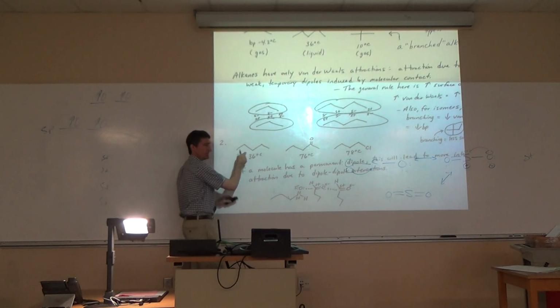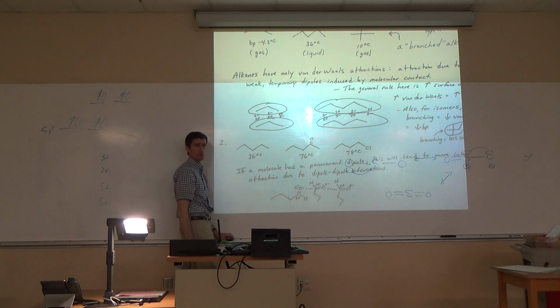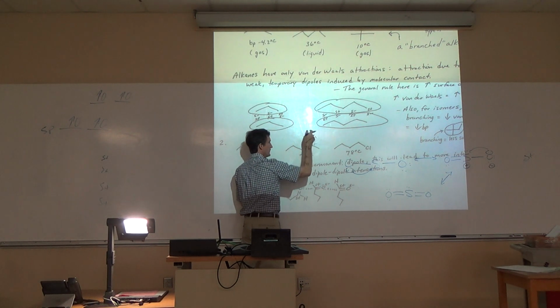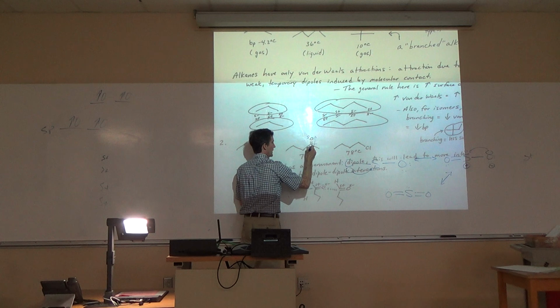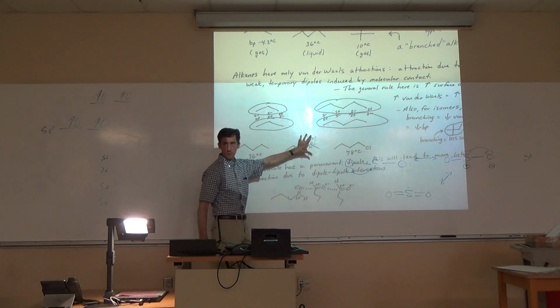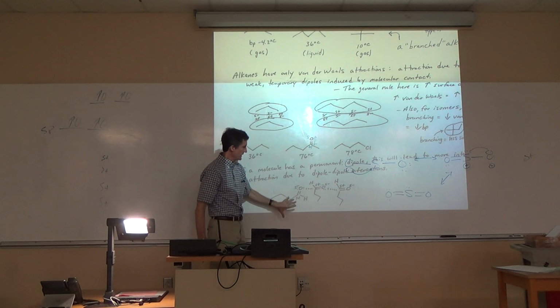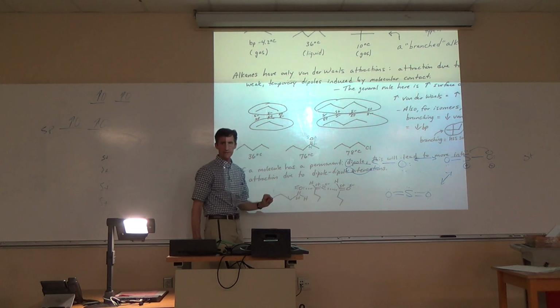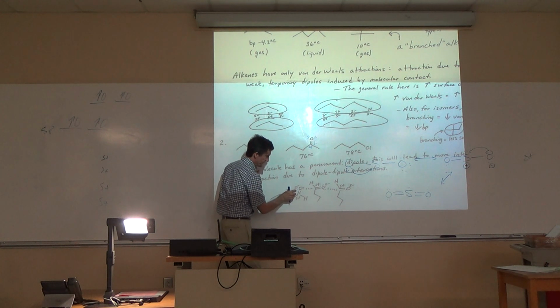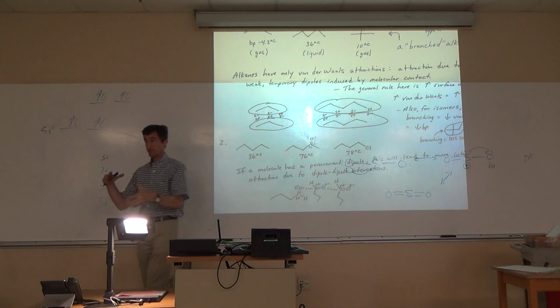Is this compound polar? No, no polarity. How about this compound? Yes, we have a permanent dipole. Because we have a permanent dipole, we can now have dipole-dipole interaction. Permanent though. And the partial positive and partial negative of the oxygen can sort of interact by physics.